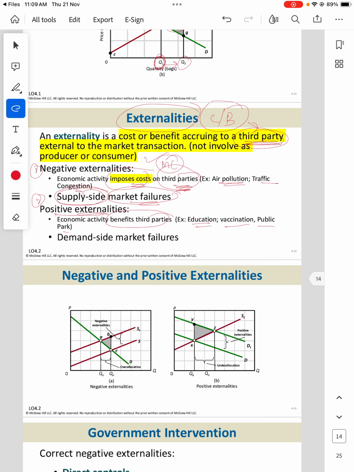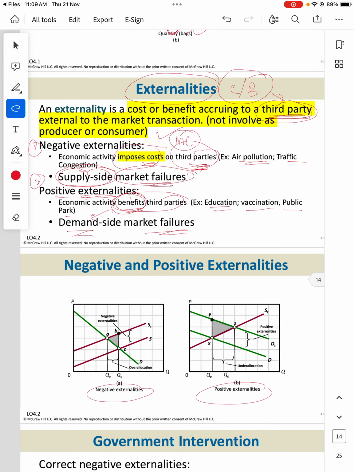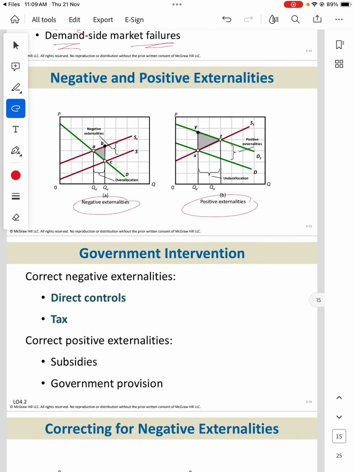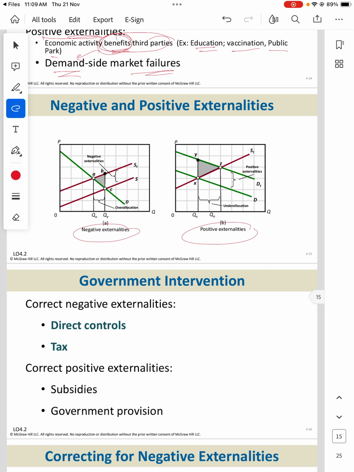So when I mention third party benefit, relate it back to the demand side market failure. This is negative externalities and this is positive externalities. Remember, negative means incur cost, positive means incur benefit.